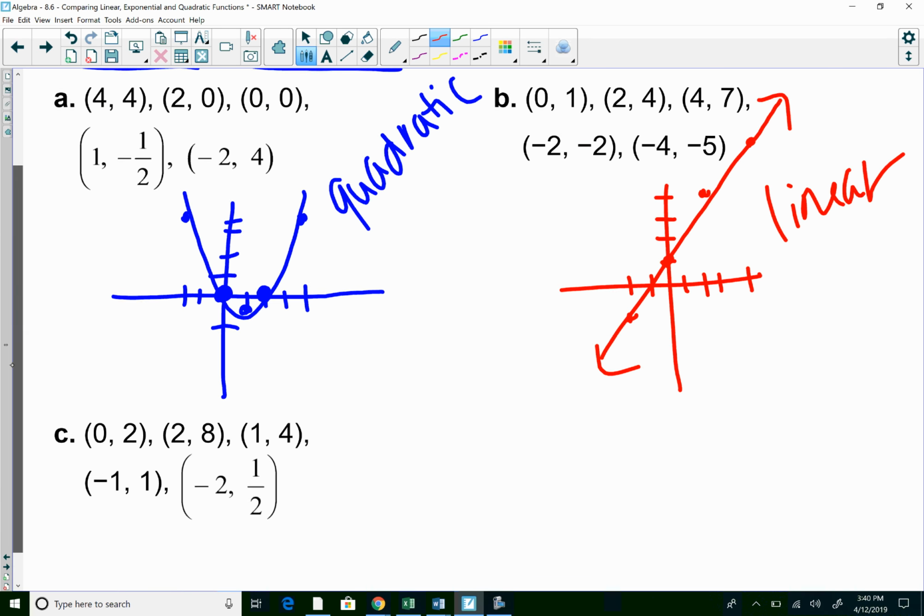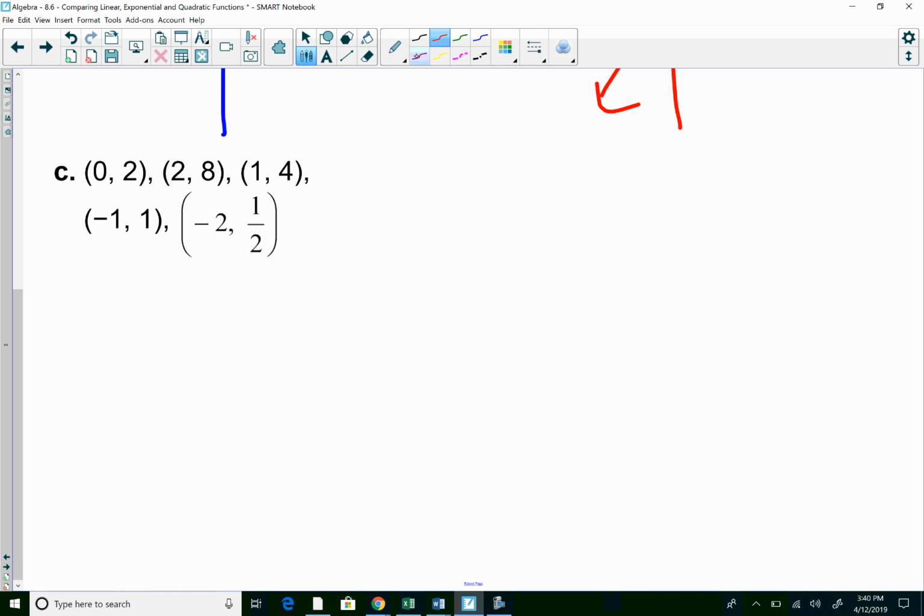And then you've probably already guessed what letter C is going to be, but let's just go ahead and prove it. So I'm at 0, 2. That's up here. 2, 8. That's going to be somewhere up here.